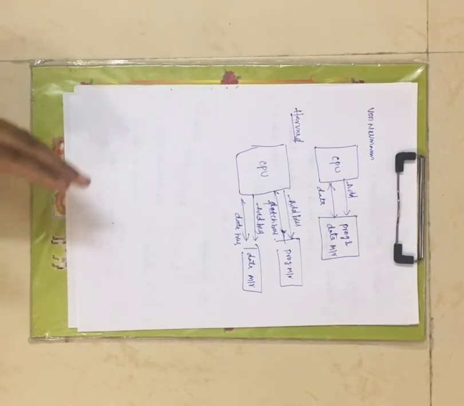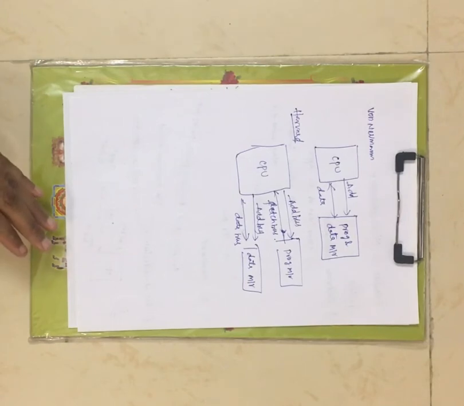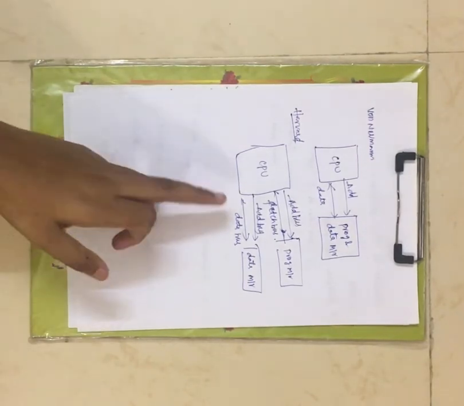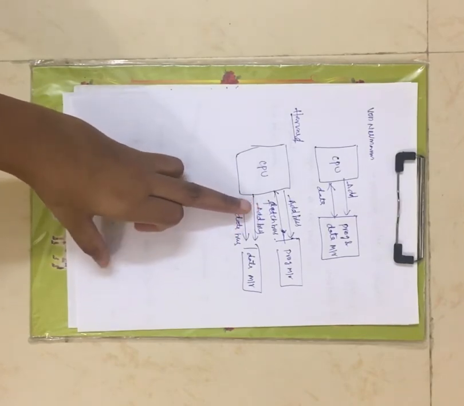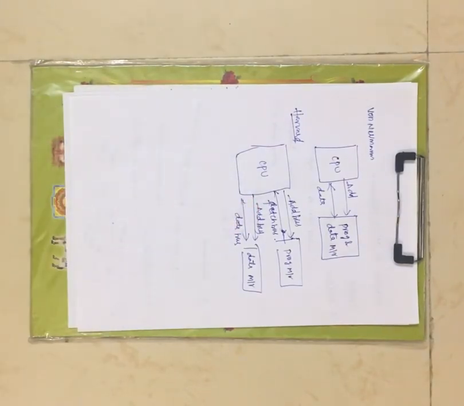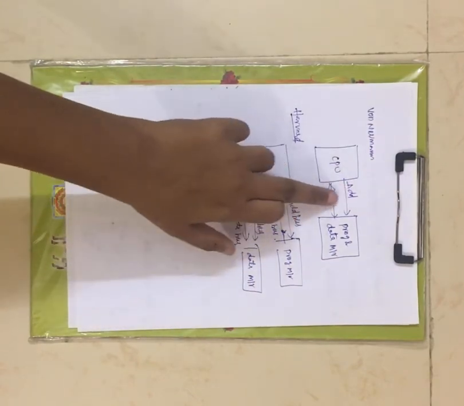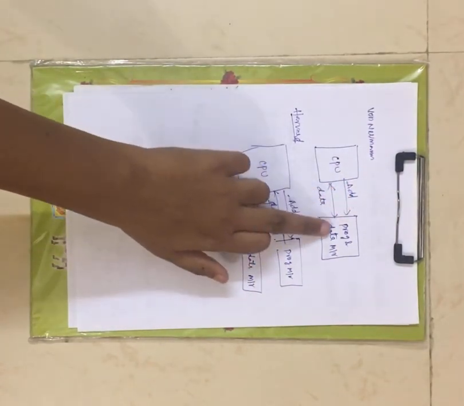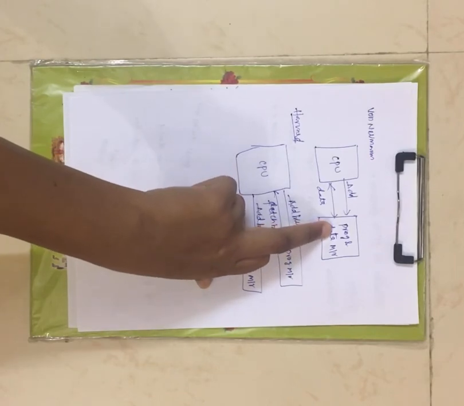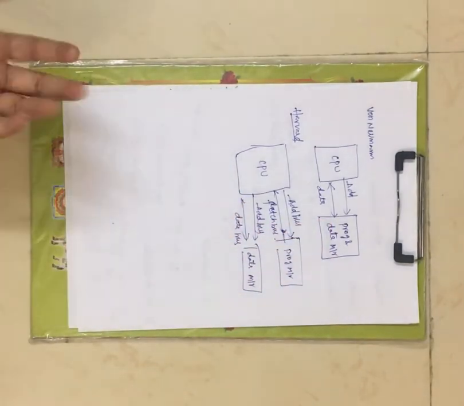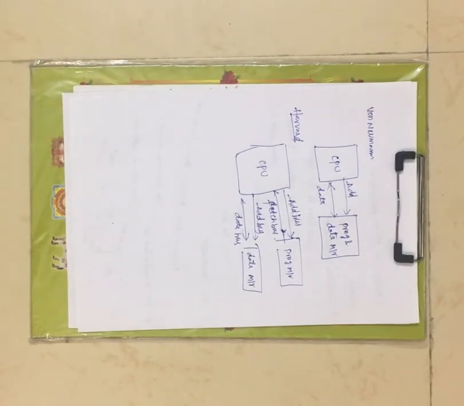Because of the separate storage of program and data, it uses two separate buses for the transmission of data and fetching of instructions. In von Neumann there is only one bus to fetch either the instruction or the data, but here you have two different buses for fetching the program and the data.